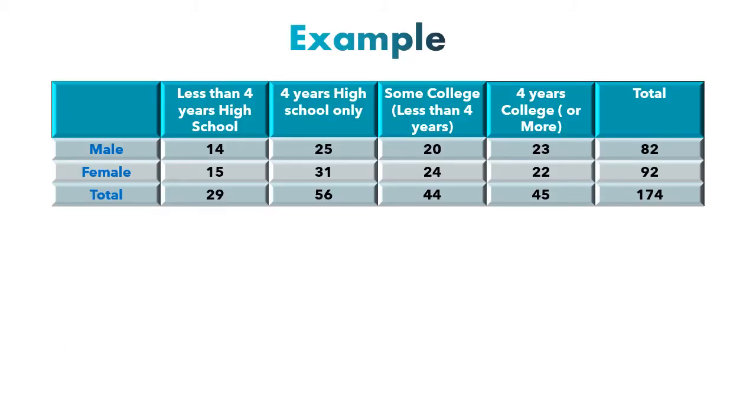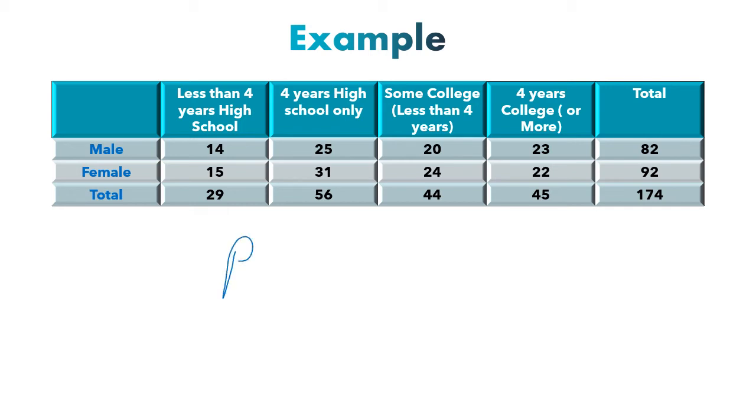Another table where we have males, females with college degrees. So we have 4 types of college degrees: less than 4 years high school, 4 years high school only, less than 4 years of college, and 4 years of college or more. And we have the total of each category, and we need to answer questions accordingly. So this is another example of empirical probability.